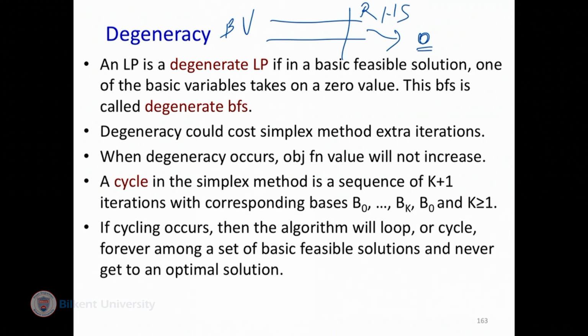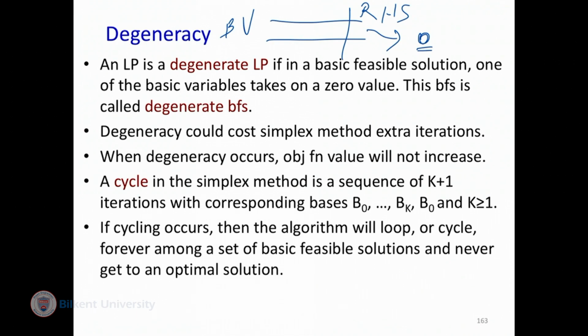You have a degenerate basic feasible solution. In other words, if you have a feasible solution with one of the basic variables equal to 0, that's a degenerate solution. Okay? All the non-basic variables, of course, are equal to 0, but if you have a basic variable with value equal to 0, you have a degenerate solution.